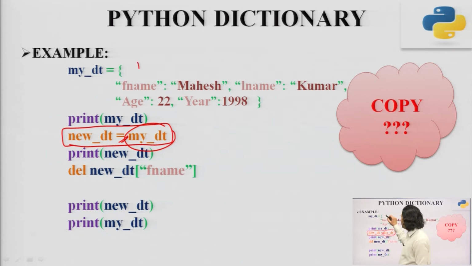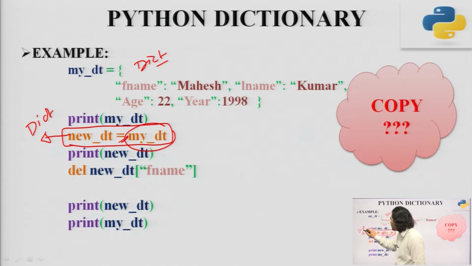Since myDT is a dictionary data type, that means this newDT is also a dictionary data type.